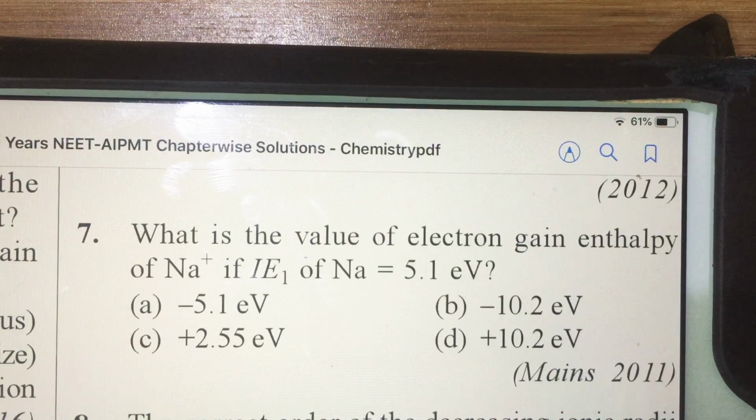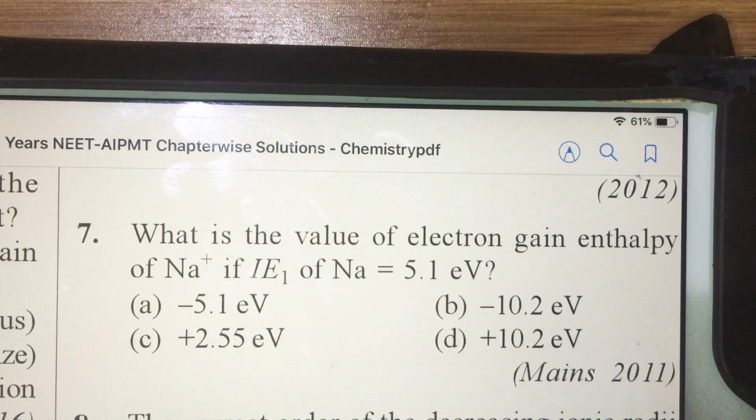Now after removing one electron, you got Na+. When Na+ has to gain an electron, whatever energy you have consumed earlier will be released. Therefore, if you add an electron to Na+, the same amount of energy is released. Whatever is released will have a negative sign. So the answer to question number 7 is A.